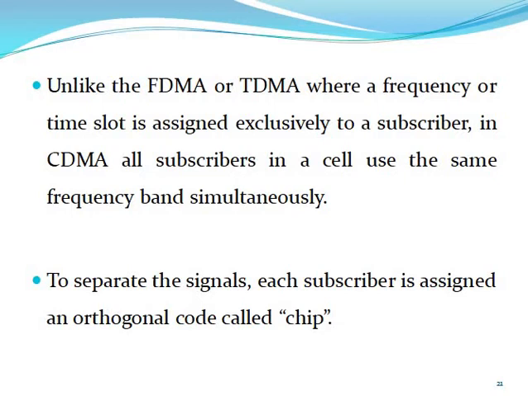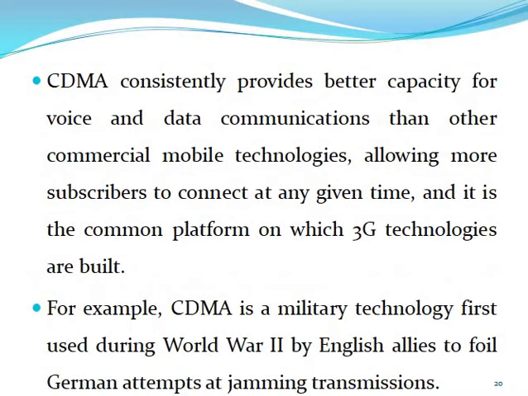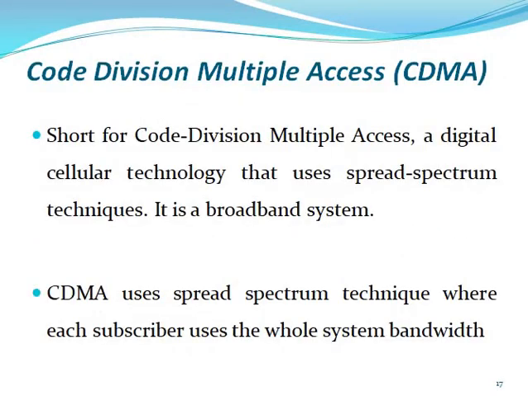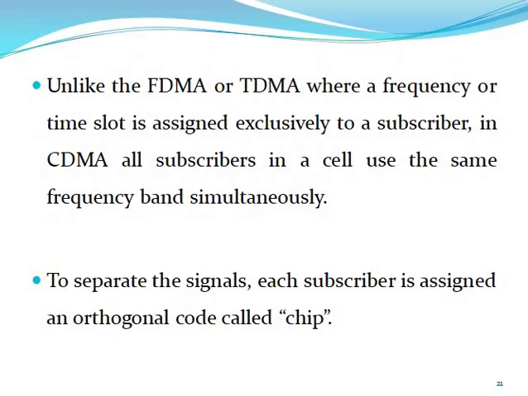So each subscriber is assigned a particular chip code. So these are the frequency based and time based multiplexing techniques, and we can see FDMA, TDMA, SDMA and CDMA, all the techniques.